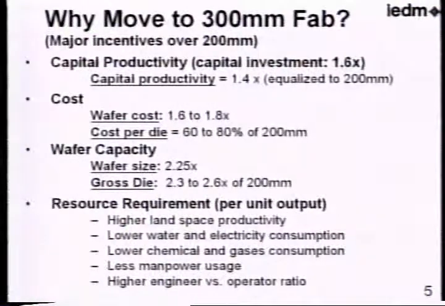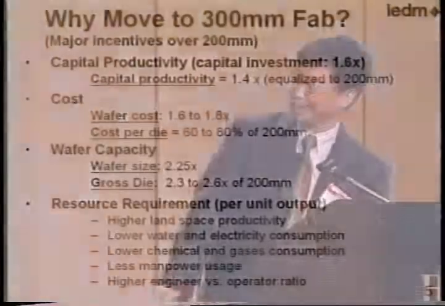Of course. But is that too good, or is there a catch? Yes, this all depends on an assumption. The assumption here is everything is equal. If the machine productivity and the wafer volume are all equal, then this number can be realized.